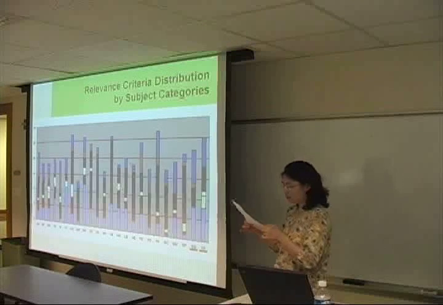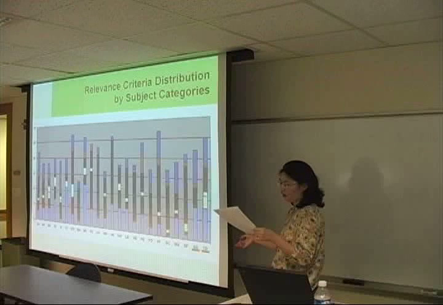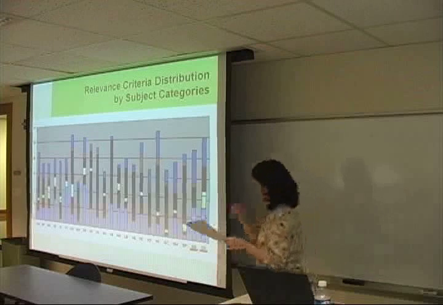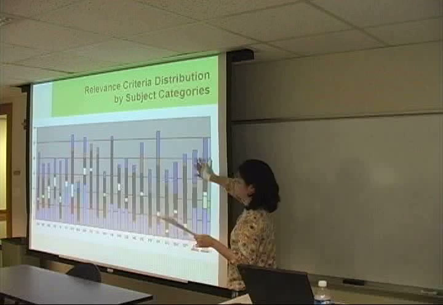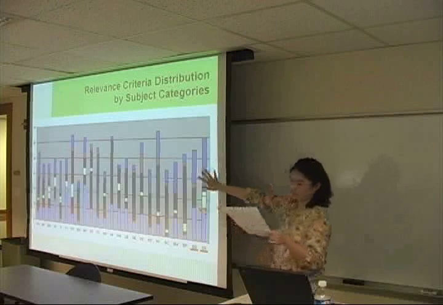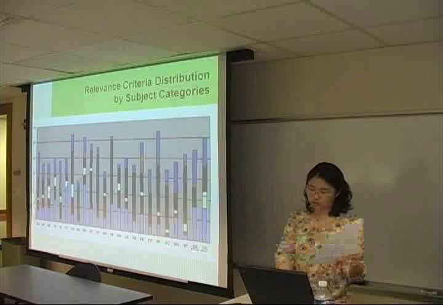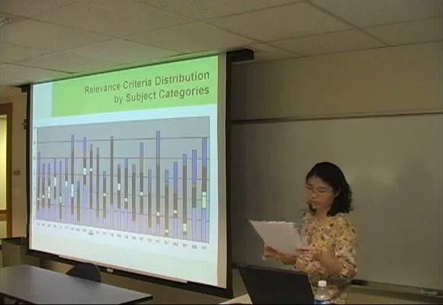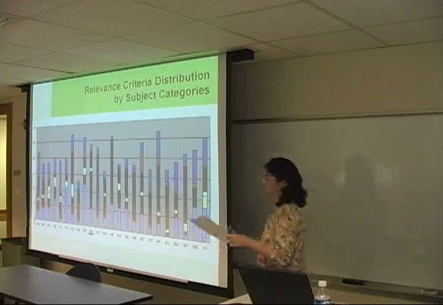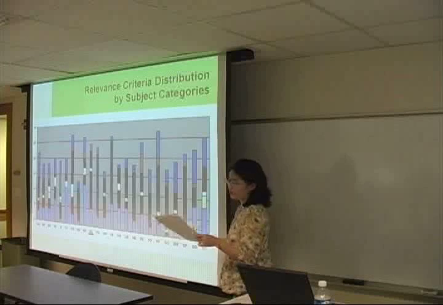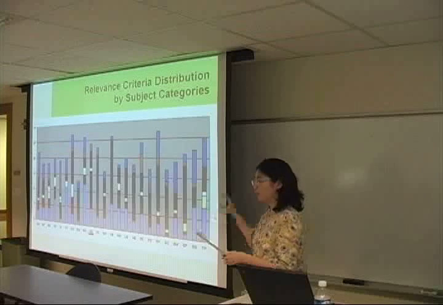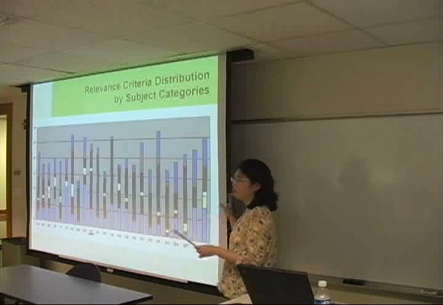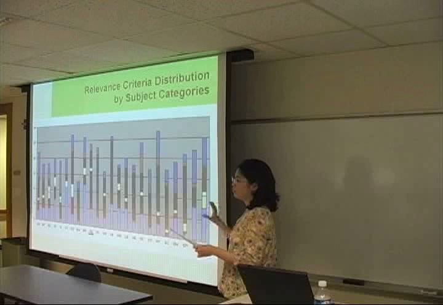For social science and travel, the content value made a significant contribution. And for food and drink, we see many utility-related relevance judgments going on. Still, we have a small number, but we're expecting a good number of sites to evaluate in the next study.